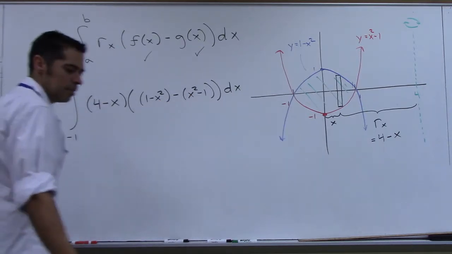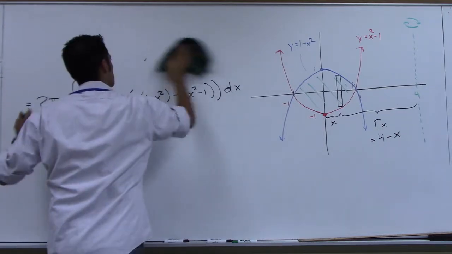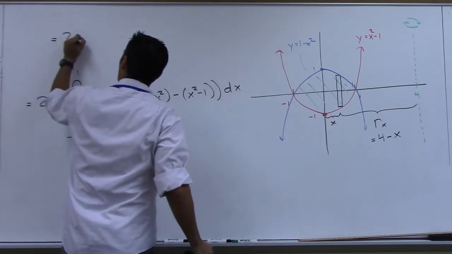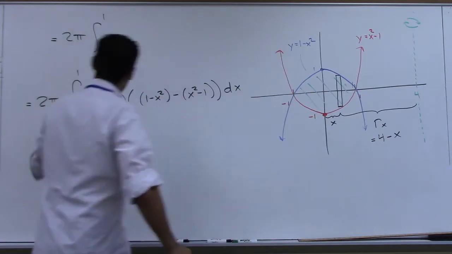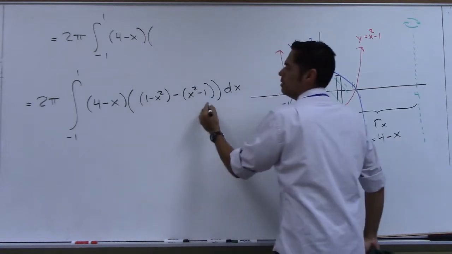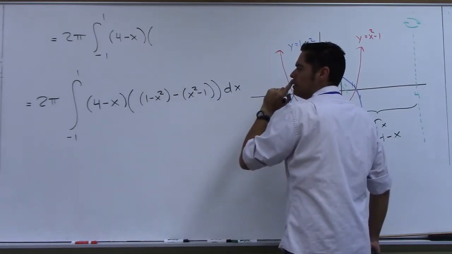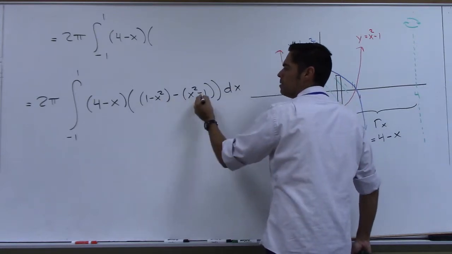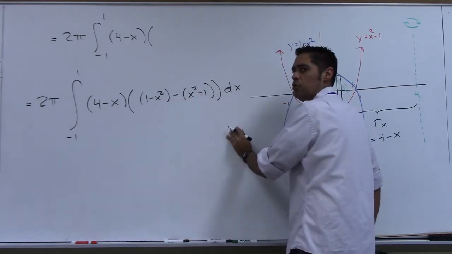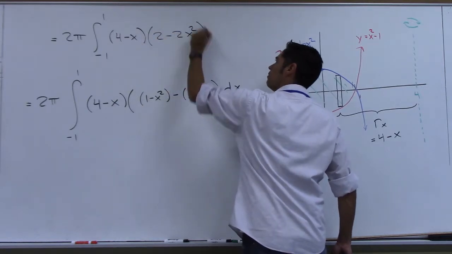What does the integrand, what does the inside of that parentheses become? So 2 pi integral -1 to 1, 4 minus x. What is this? Is it just negative? Let's see, 1 minus plus. So we should have 2 minus 2x squared.